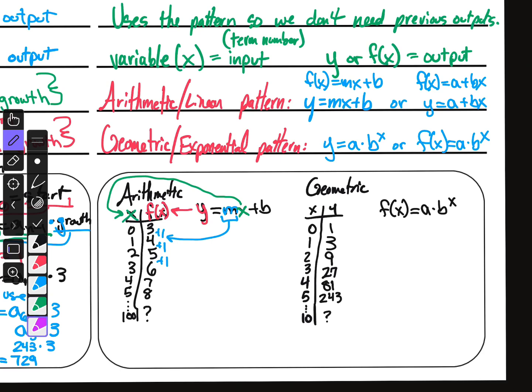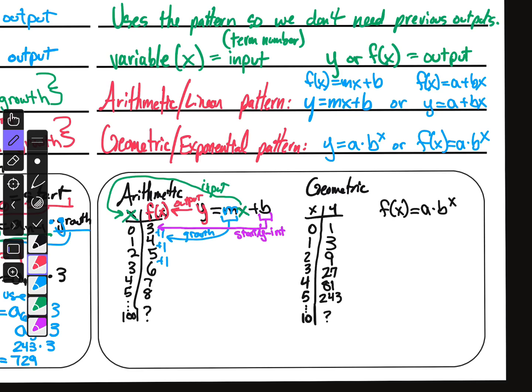Now this b is our y-intercept, which we can see is the number with 0. So it's our y-intercept, or we can call it our start, same thing. Start slash y-intercept. This was our growth. This was our input and our output.